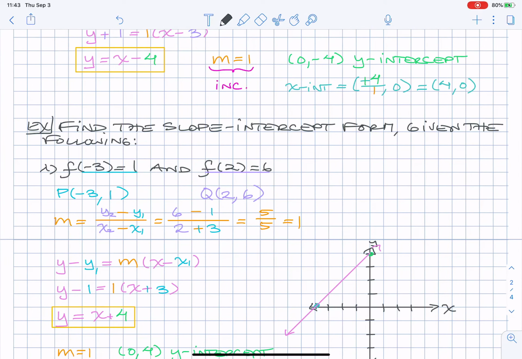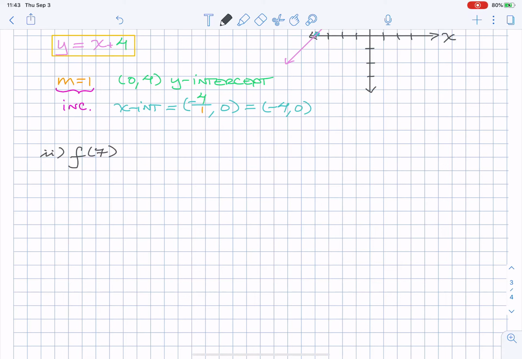Okay, so number 2. Let's say we have that f of 7 is 5, and f of 3 is negative 7. So once again, we have 2 points here. Point P is going to be x-coordinate 7, y-coordinate 5. And point Q, we'll have input x, 3, output y, negative 7. So the first thing we do is find our slope.